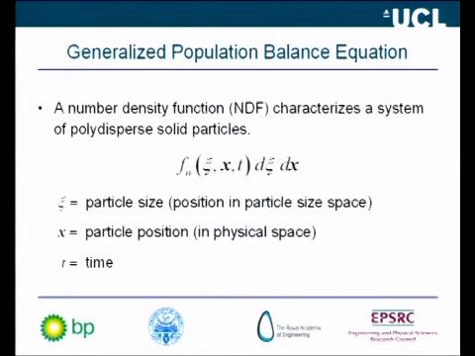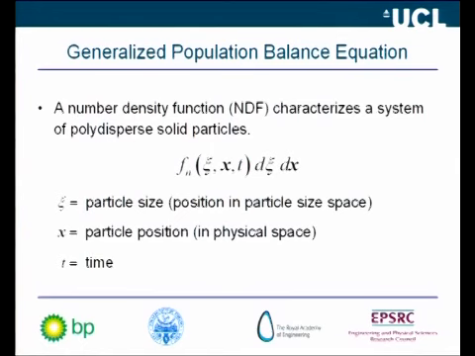In this case, first of all, we introduced a number density function. This function characterizes polydispersed systems, where in particular we consider as internal coordinate, the coordinate of interest, xi, the particle size, so the diameter of the particles. Also x is the position in space, and t is time.